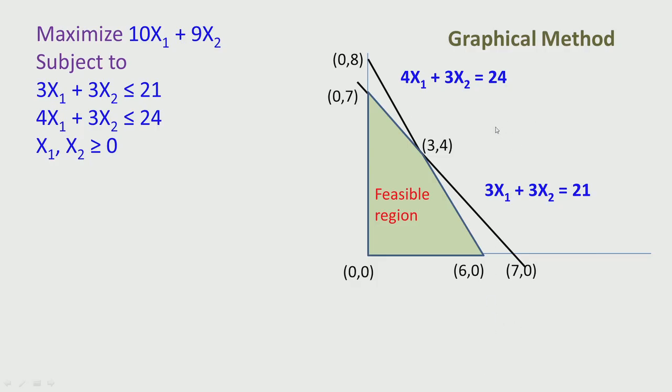If we take a point which is somewhere here, which could be (7, 5) or something like that, then it violates both the constraints. So, any point other than the point which is in that feasible region violates at least one constraint. So, all the points in this space are not feasible or infeasible because they have negative values for x1.